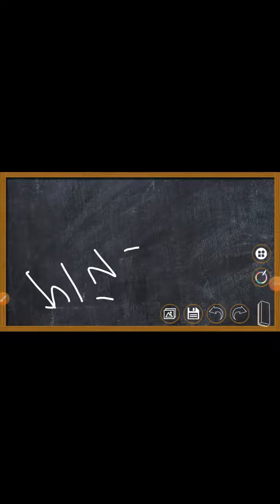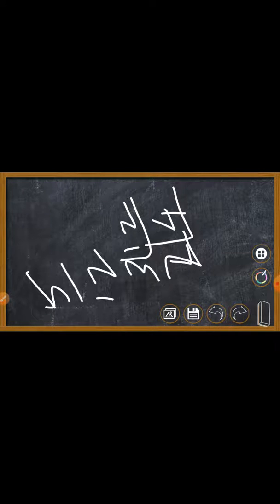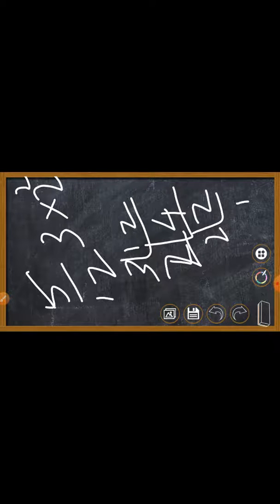So we will prime factorize 12. 3 4s are 12, 2 2s are 4, 2 1s are 2. So it turns out to be 3 into 2 to the power 2. The condition was that you need to have a 2 and a 5, but this one has got a 3 instead.